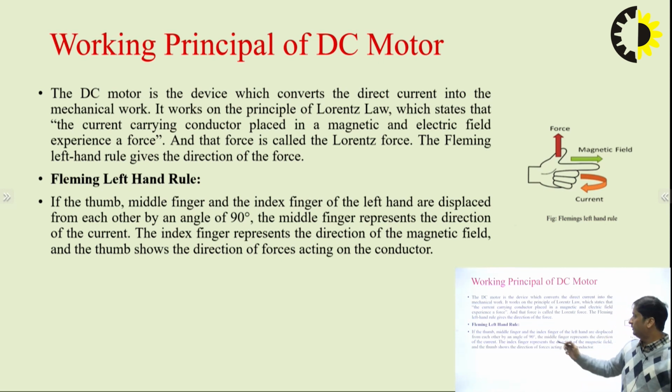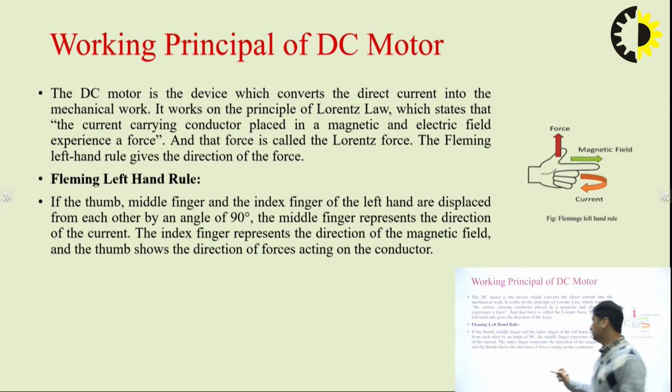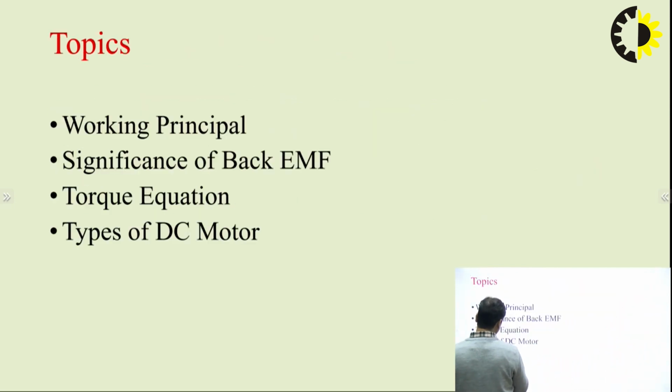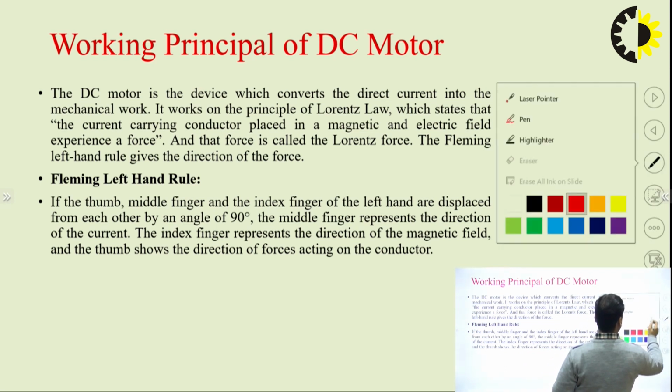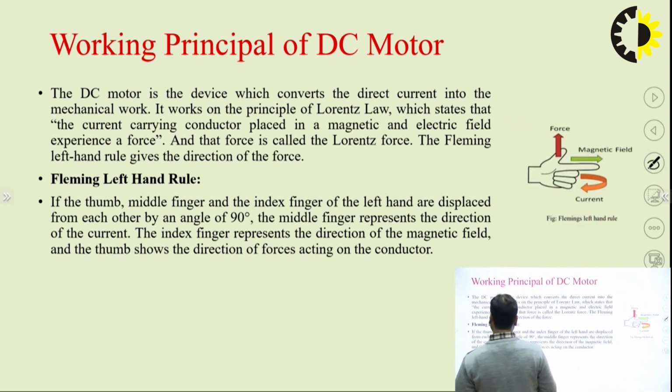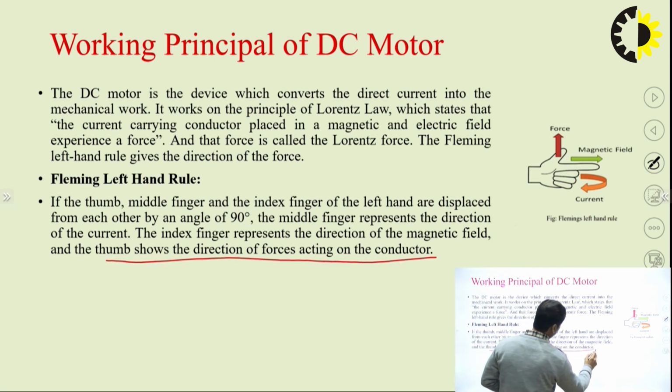So if the thumb, middle finger and index finger of the left hand are displaced from each other by 90 degrees, and the middle finger represents the direction of current and the index finger the direction of magnetic field, the thumb shows the direction of force acting on the conductor.